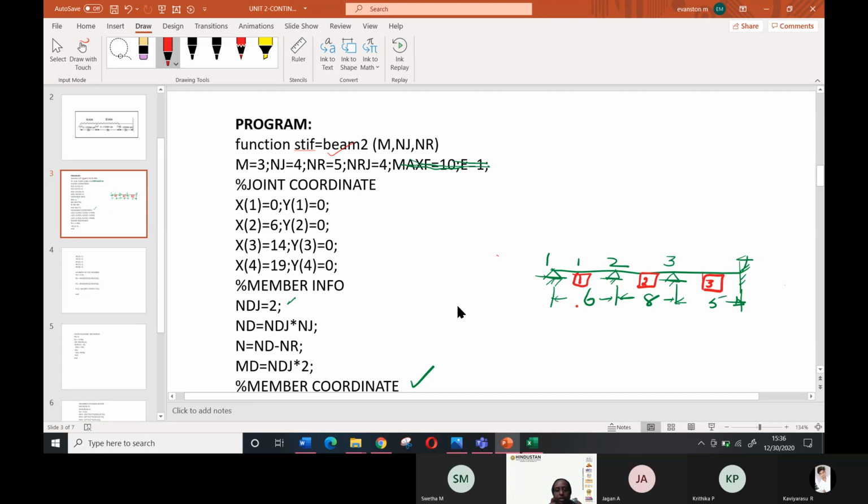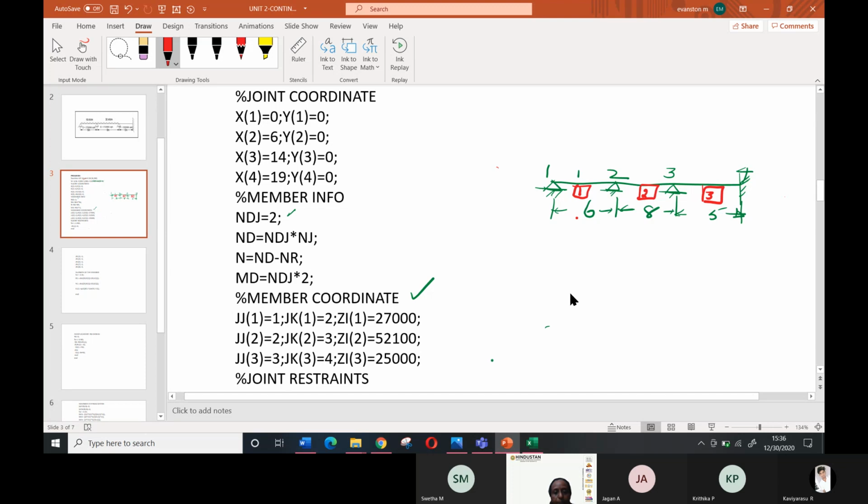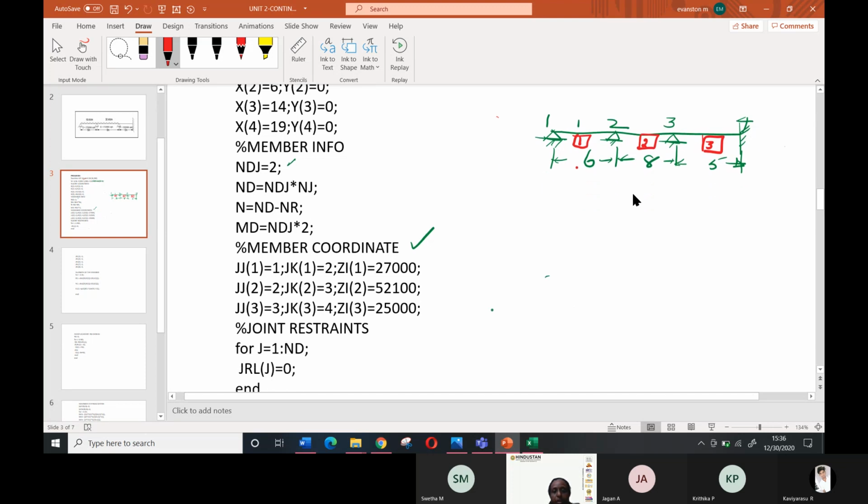How are they connected? I told the computer the number of members is 3, but I didn't tell it whether the first member is connected with nodes 1 and 2, or nodes 2 and 3, or nodes 3 and 4. Now you have to instruct the computer that the first member is connected with 1 and 2, the second member with 2 and 3, and the third member with 3 and 4.